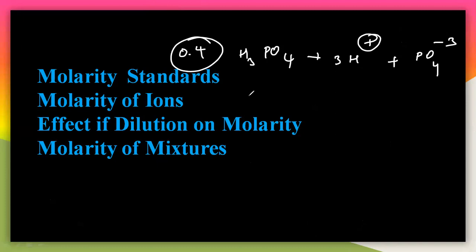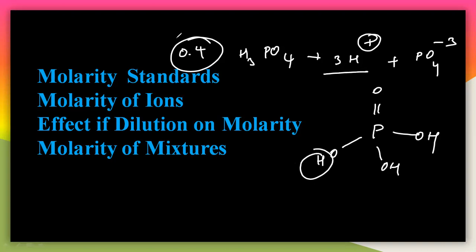The structure of this, actually, will be like this. This is OH, this is OH. This is not a double bond, this is a single bond. This is the structure of H3PO4, phosphoric acid. It releases these 3 protons.